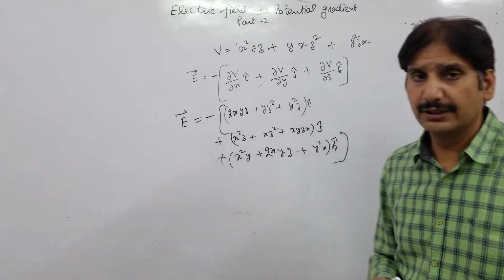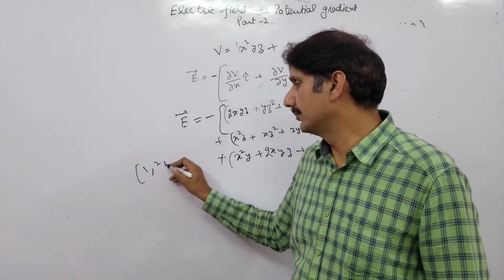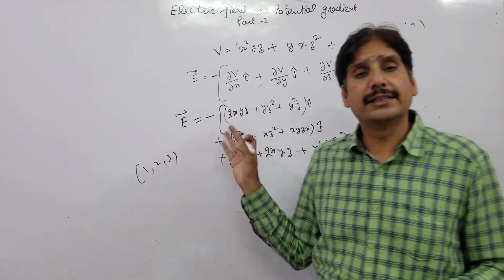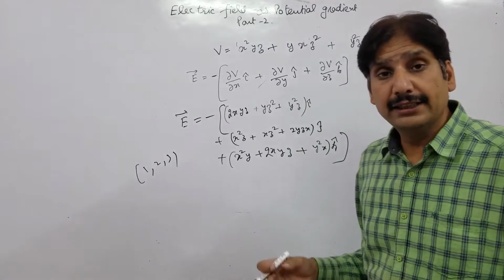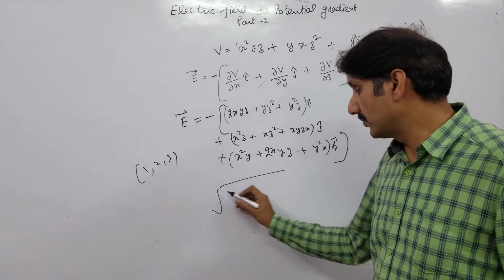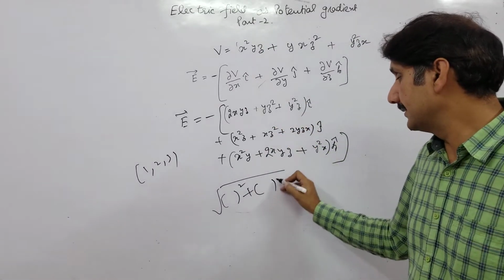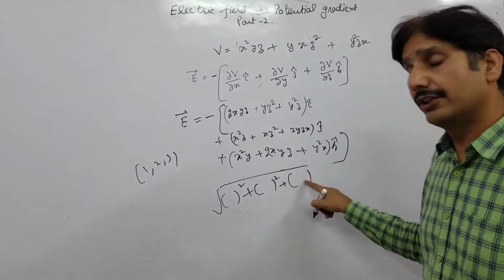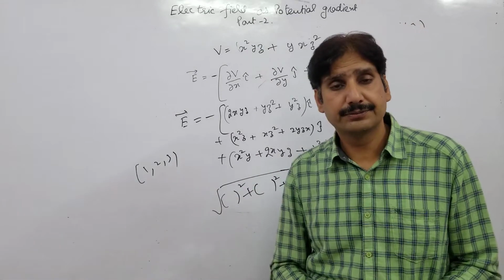I may ask you, what is the value of electric field at the point 1, 2, 3? So just put in the value of x as 1, y as 2 and z as 3, and you will get the value of electric field. And then the magnitude of electric field can be obtained as the square of the coefficient of I cap plus the square of coefficient of j cap plus coefficient of k cap square, and whole under the root.